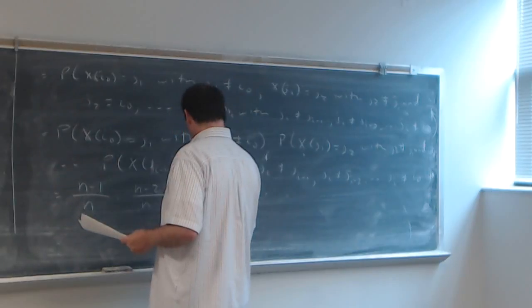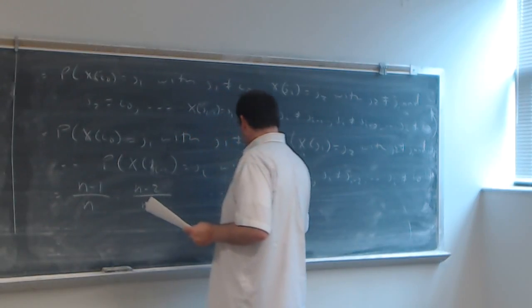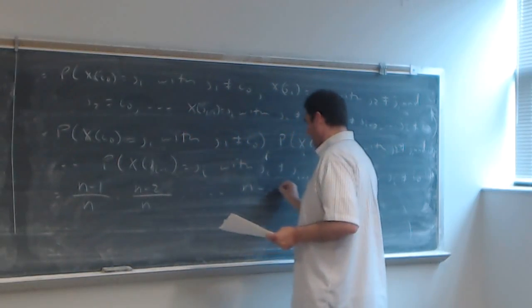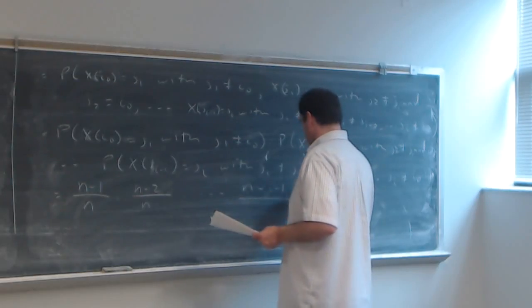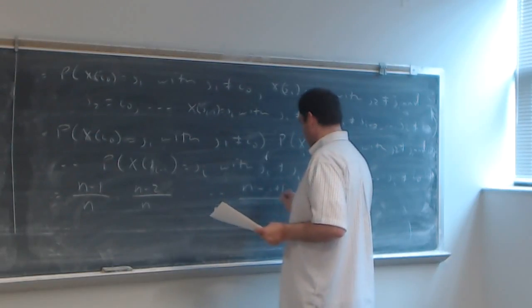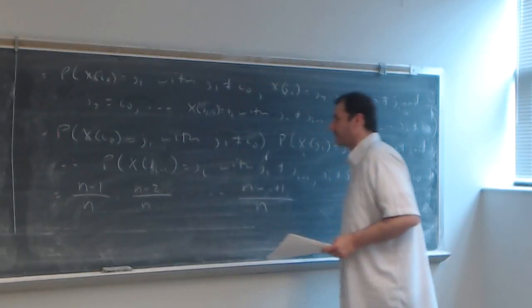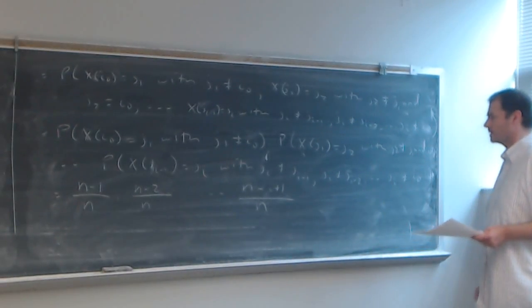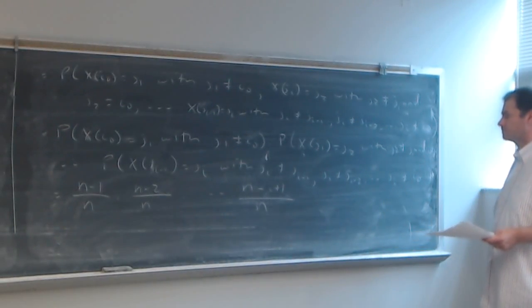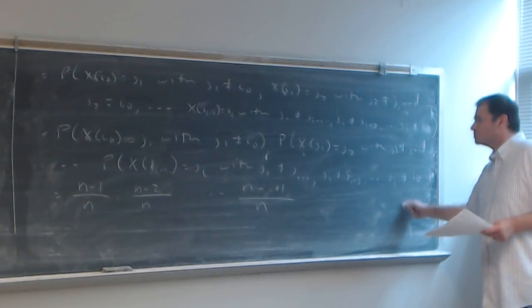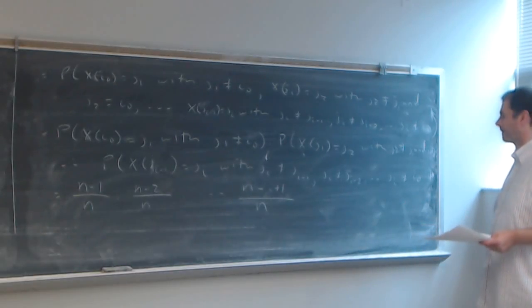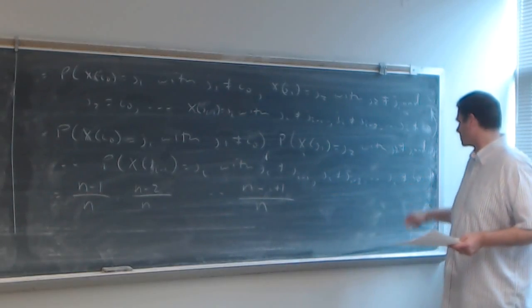And then times, and we keep going, and we get down to the last one, which is n minus I plus 1 over n. So there are I minus 1 nodes that can't be chosen.